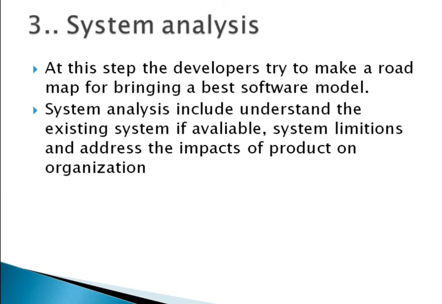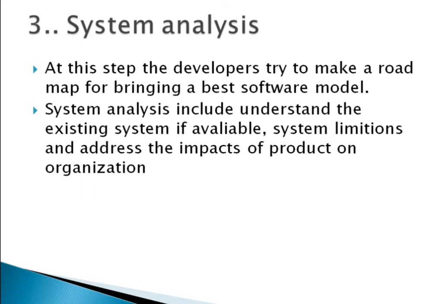The third one is system analysis. At this step the developer tries to make a roadmap for bringing the best software model. System analysis is very important. When we analyze the system, according to that system we present the model to the developer, who identifies whether the model is suitable for this system. System analysis includes understanding the existing system if available, and studying the entire system if any kind of system is available in the organization.